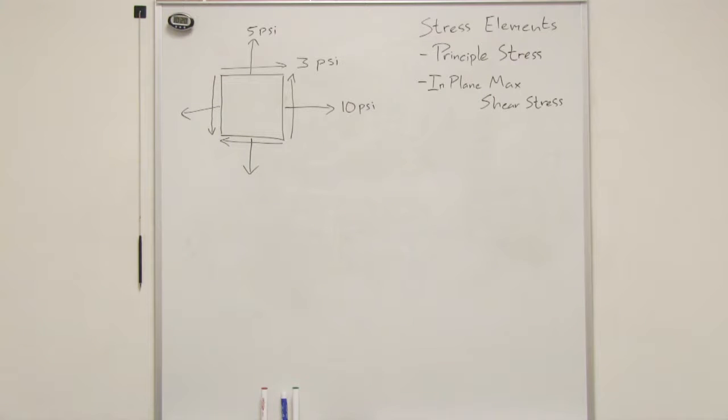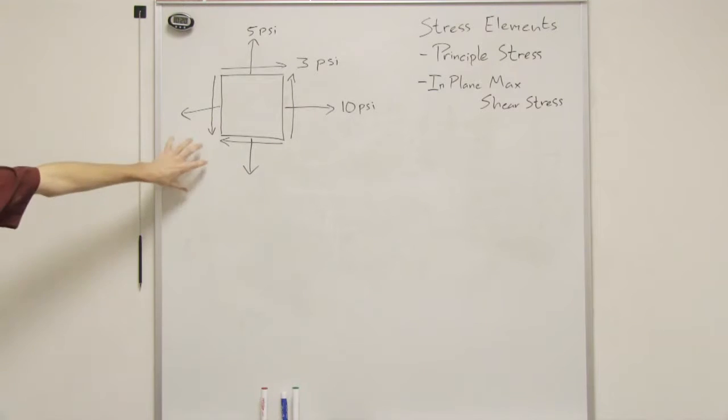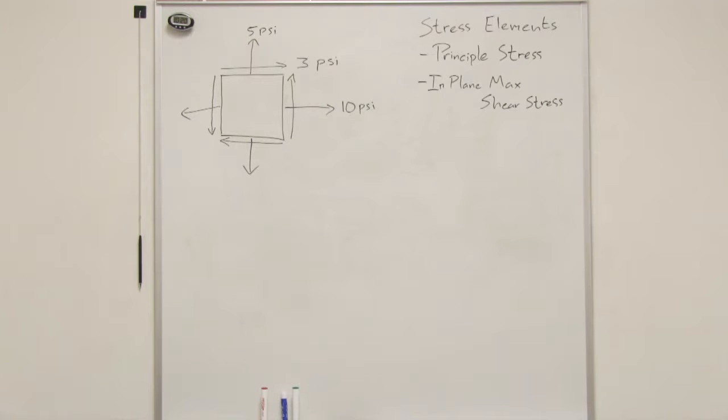And so we want to look at how we can manipulate that to get different results, or to find out what the actual maximum stresses are, or different things like that. Because when you write stresses like this, that shows you the basics of what types of stresses are being applied, but doesn't tell us everything that we need to know.